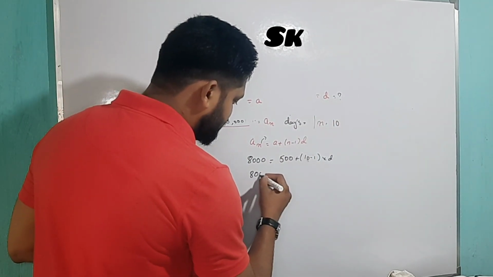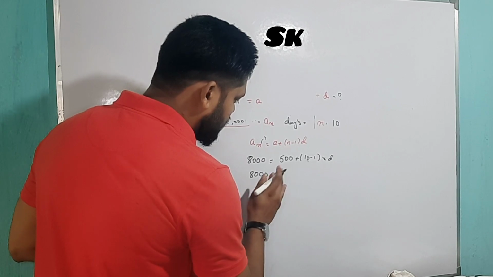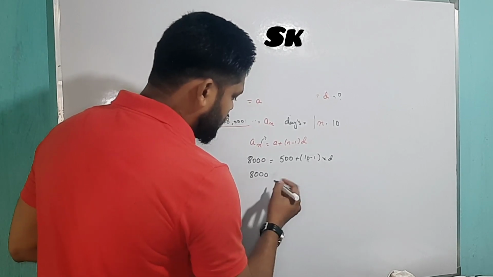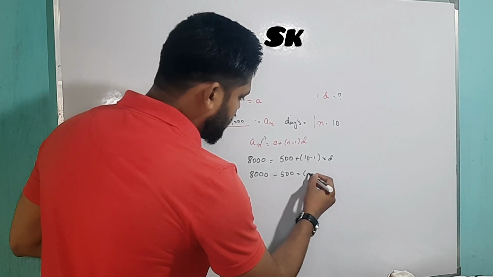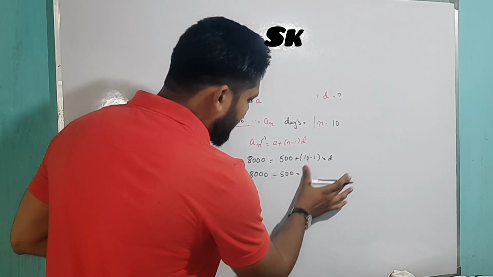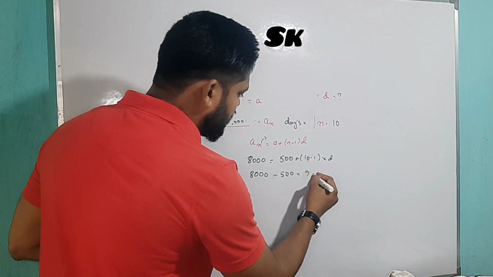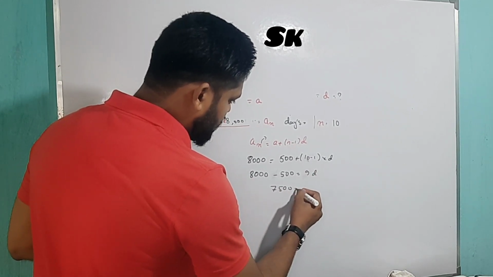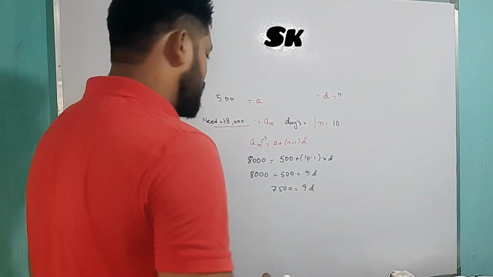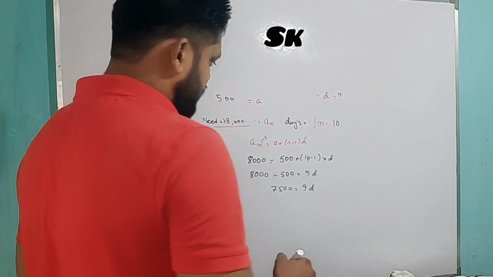So 8,000 minus 500 is equal to 10 minus 1, so directly 9, no need for 10 minus 1, 9d. So it will be how much? 7,500 is equal to 9d. Okay, will it come as a fraction or what?